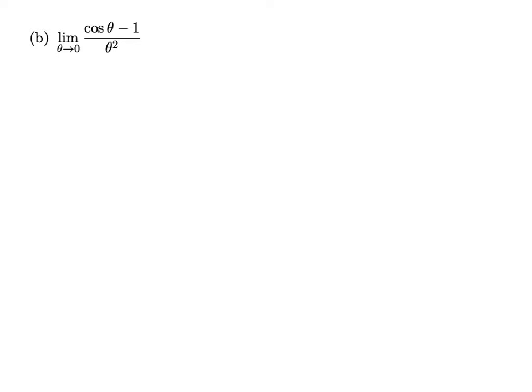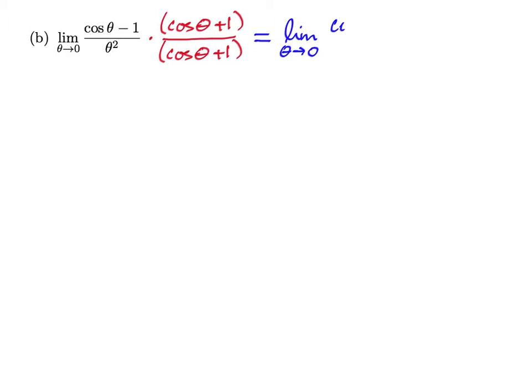So what we're going to do first is multiply the top and the bottom by the conjugate of the numerator. So we're multiplying by cosine theta plus 1. Then what we get is the limit as theta approaches 0 of, and the numerator is now going to be a difference of squares. It's going to be cosine squared theta minus 1.